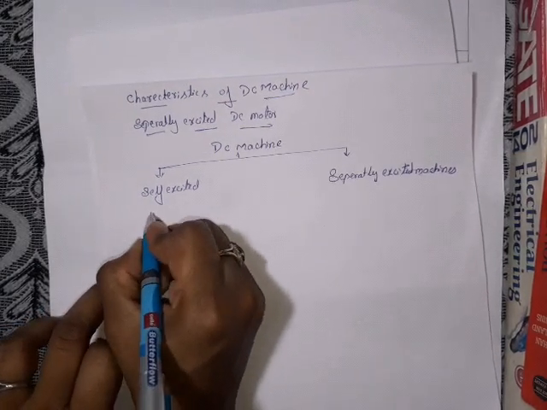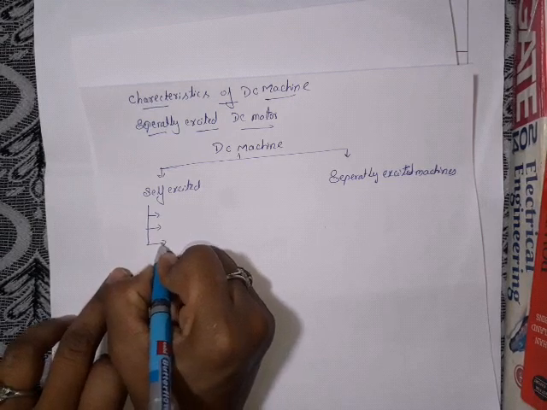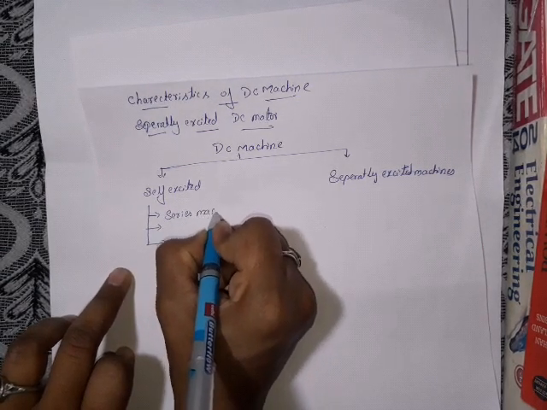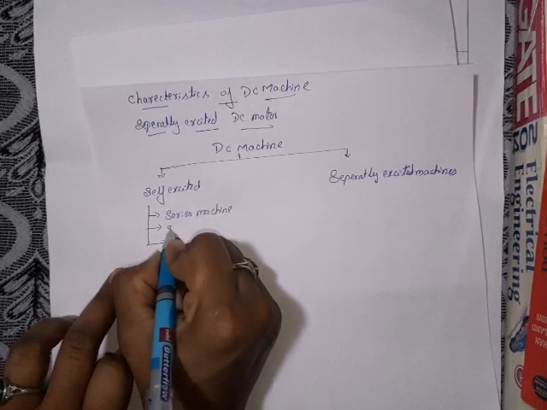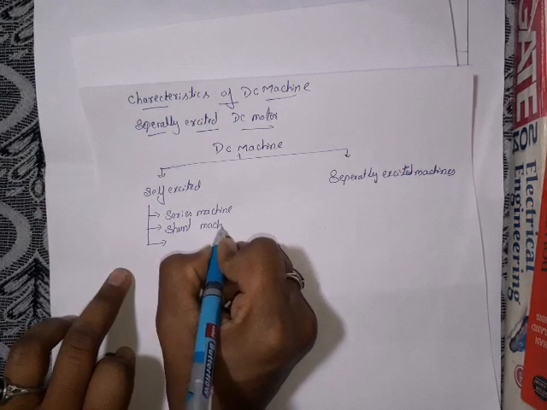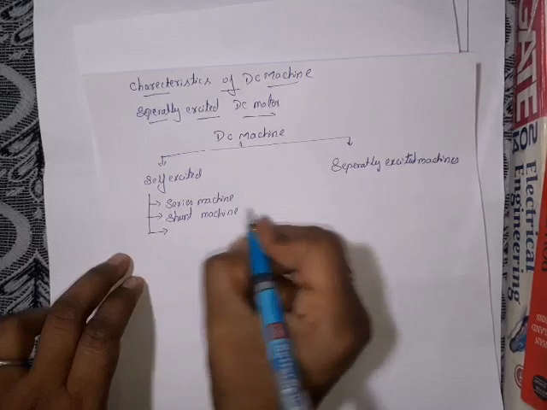In self-excited machines, we have three types. One is series machines, shunt machines, motor, machine, one and the same. That might be a generator or motor, so I'm calling it as machine.